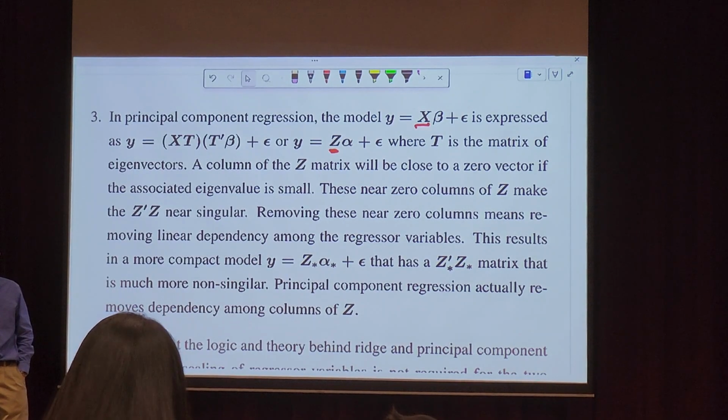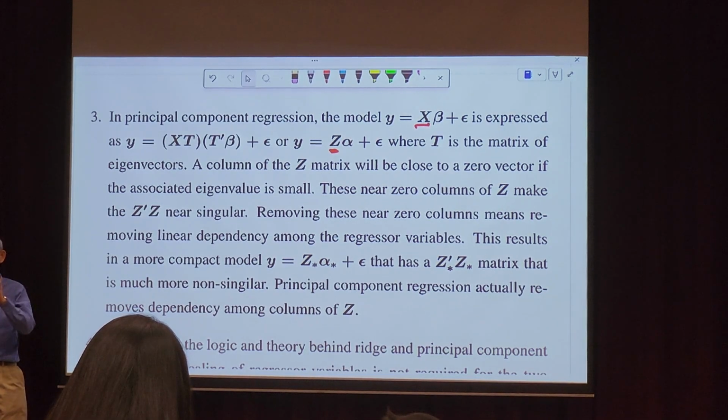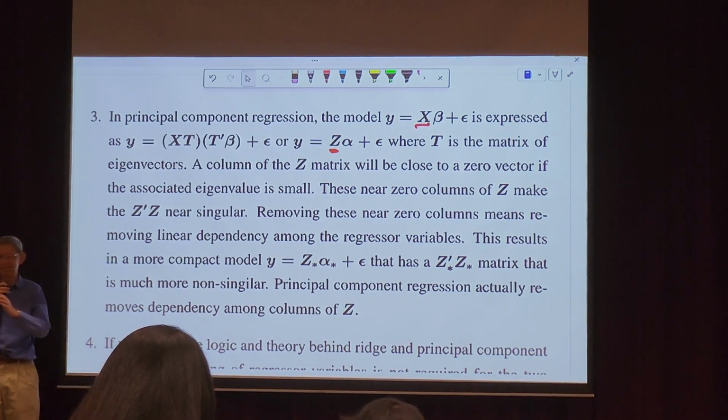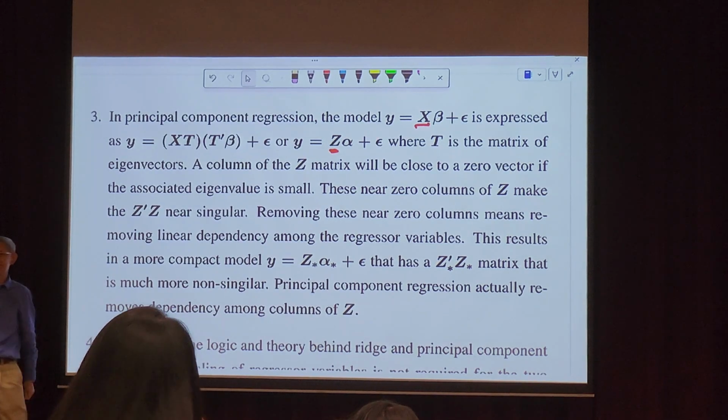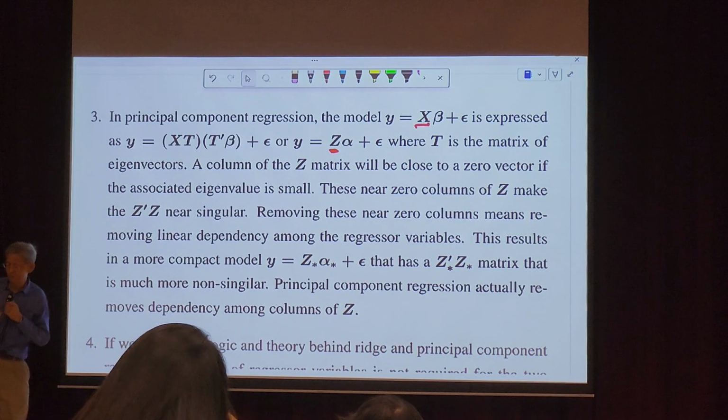Ridge regression simply says, maybe you don't take Panadol, take something else, I don't know what's the comparison. But principal component regression actually operates on the patient, operates on the tumor and removes it. That's the beauty.